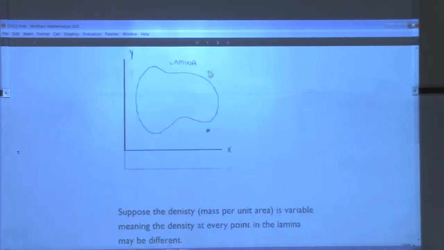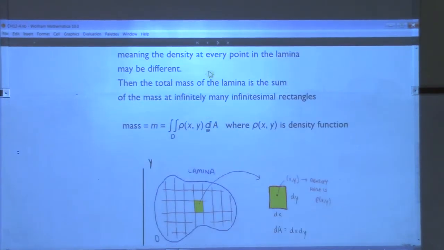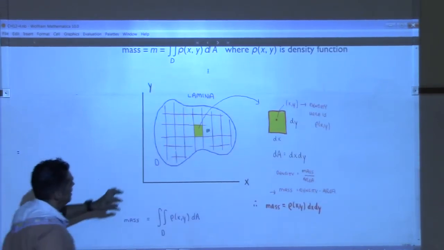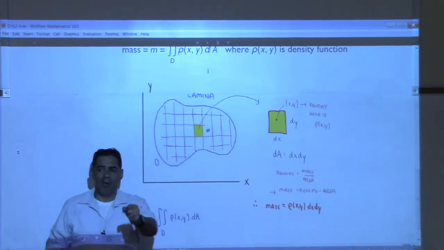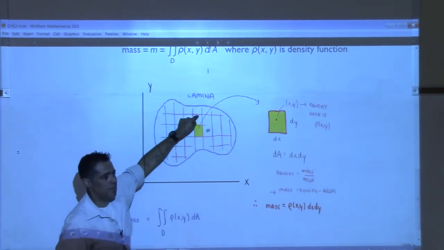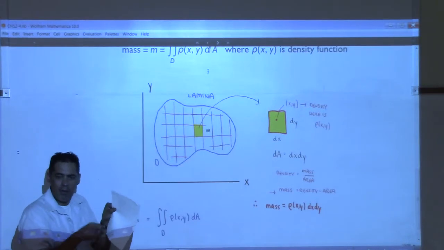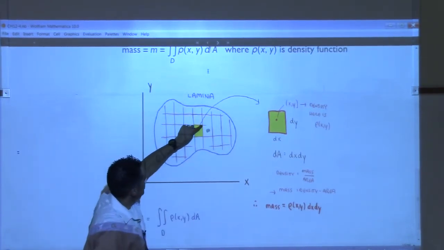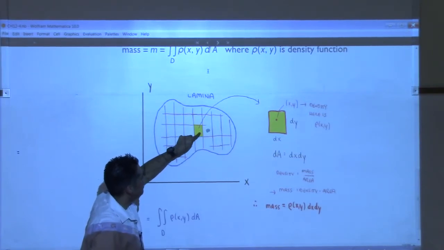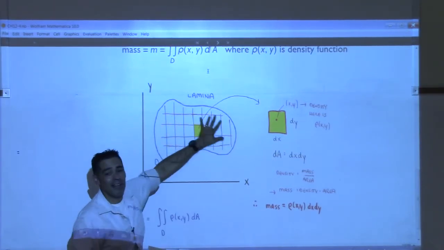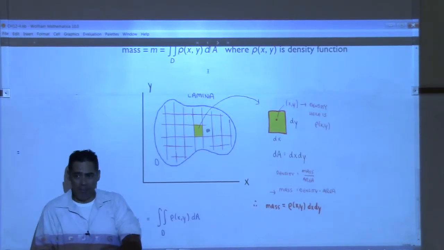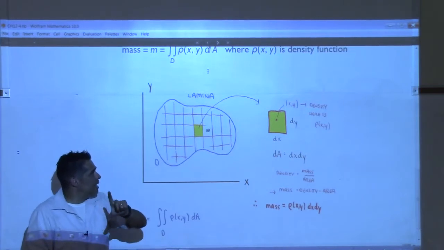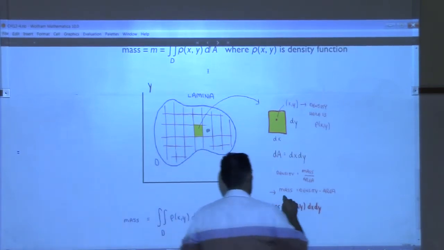So what we do, and again, this is just going to be a very quick, brief run through it, is we take, let's say that somebody has given us the density at every point. So if you go to a certain point, I know its density, I know its density, I know its density. Then we can take an infinitesimal little patch. Imagine this is almost like the domain on the ground that we've been doing, and the height of the surface above it is measuring the mass at every single point.